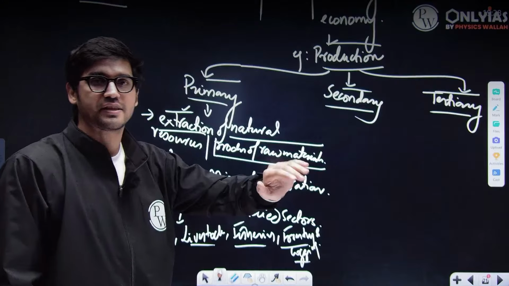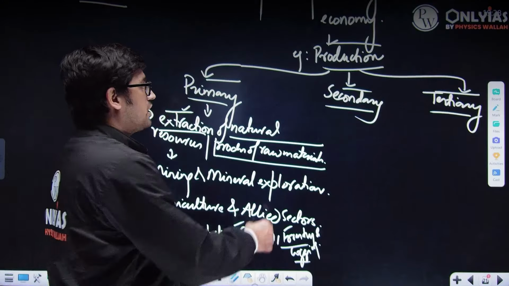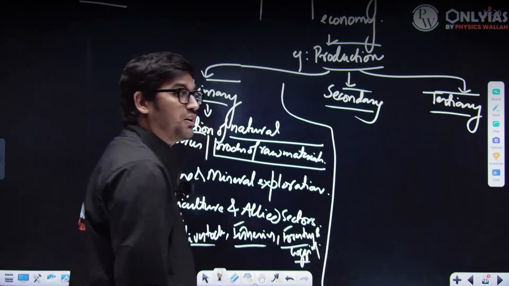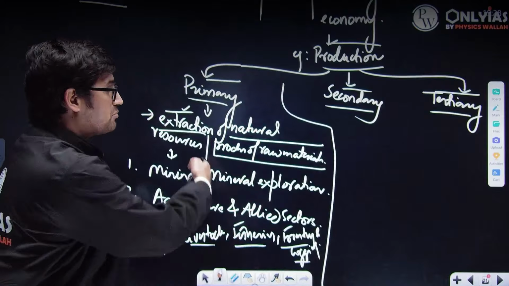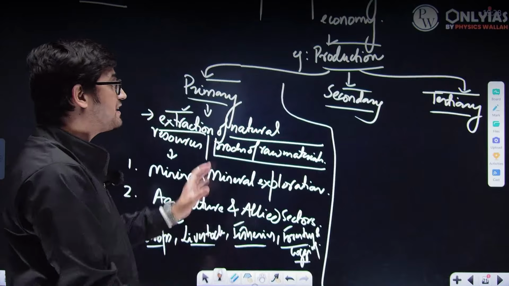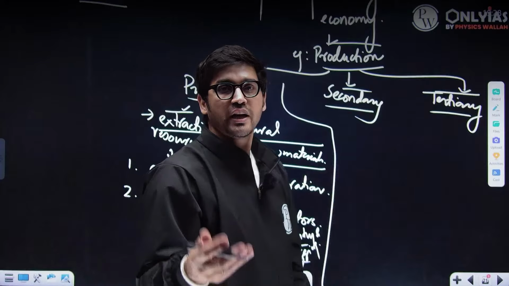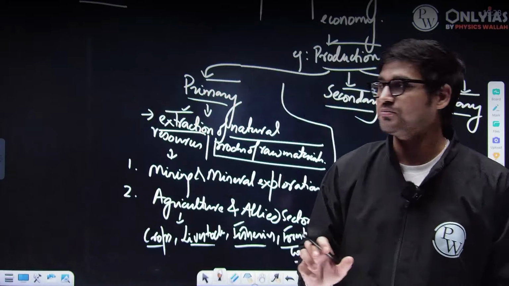What does the secondary sector of an economy do? The secondary sector of an economy takes input from the primary sector and then transforms these inputs into finished goods.